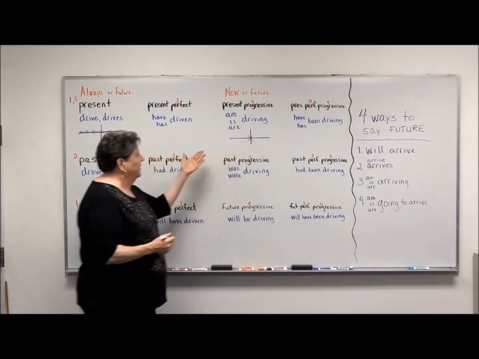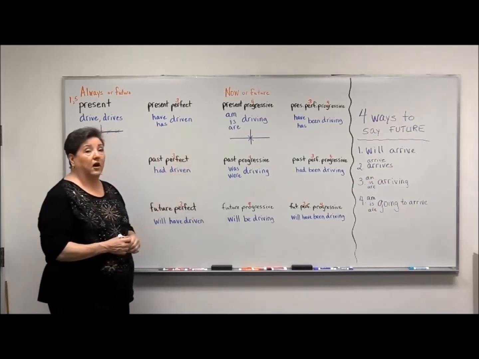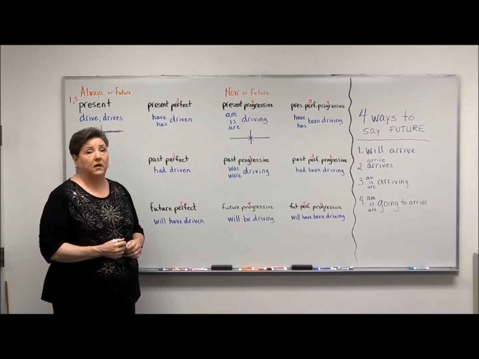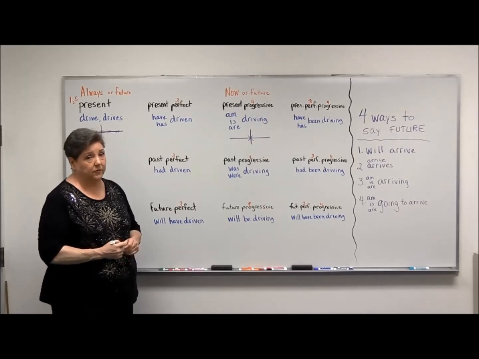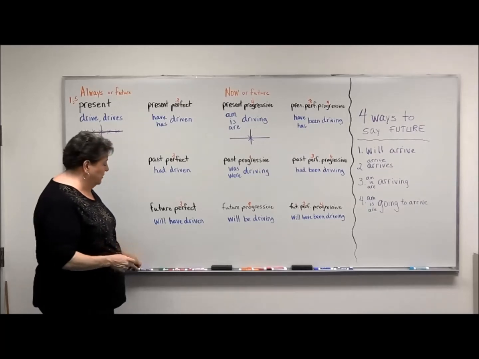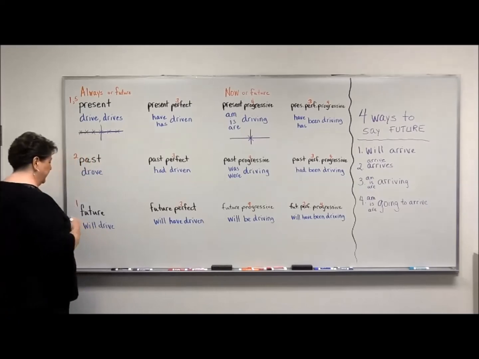So we've learned that the present and the present progressive are connected a little bit. They have one thing they share in common. They can both mean simple future. So now I want you to write something at the bottom of your chart, and I'll explain it to you in a minute.